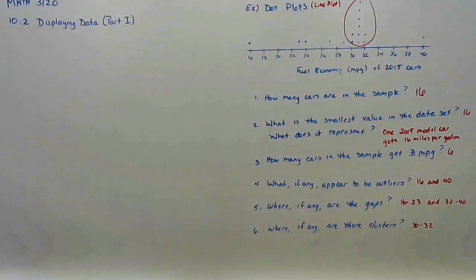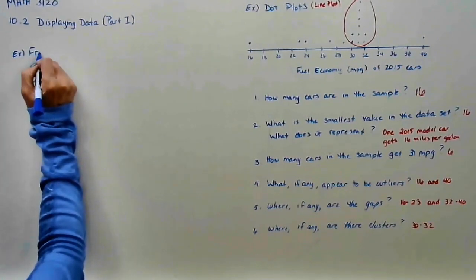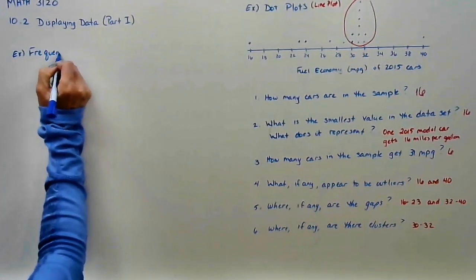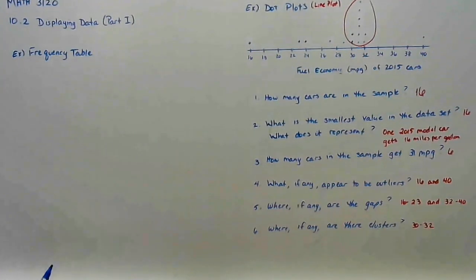A frequency table is a table which is used to tally and generalize results of a set of data. And they can be displayed vertically or horizontally. I chose horizontally for space on the paper.